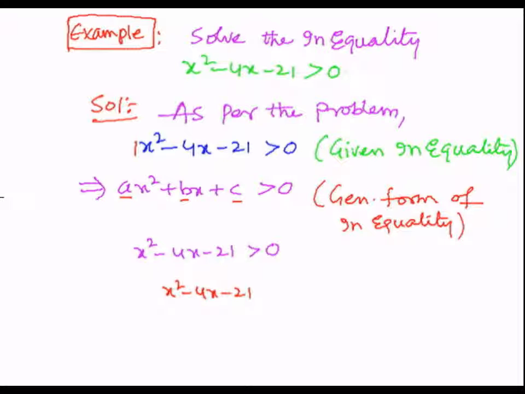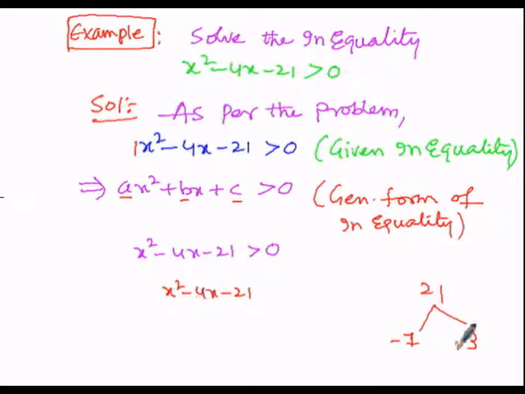So we are going to find out the factors of this expression. Here 21 can be split, the last term is 21, 21 can be split as 7 threes are 21. We need the middle term as minus 4x, the coefficient is minus 4. To get the minus sign, 7 is greater than 3, so 7 must be assigned the minus sign first.